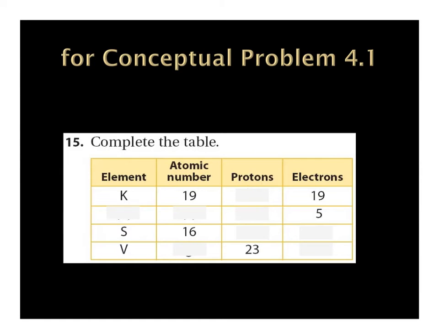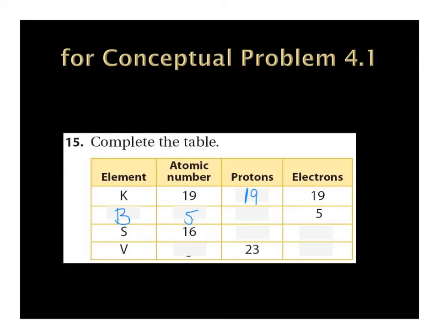Let's fill in this table. So for the element potassium, it has the atomic number of 19. This means it has 19 protons and 19 electrons. For the next row, it tells us that there are 5 electrons for a balanced neutral atom. If we look on our periodic table, the atomic number 5 goes with boron.